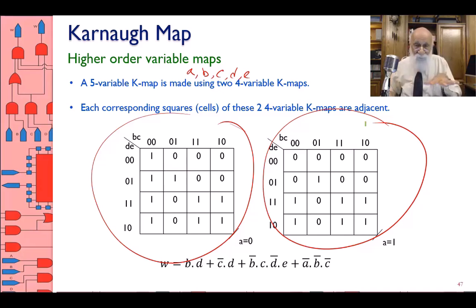But then visualize these maps one on top of each other. If you visualize these on top of each other, then you see that if you look from the top, you see, for example, that this one is adjacent to this one, right? Because if you look from the top, you see that they are along this z-axis.